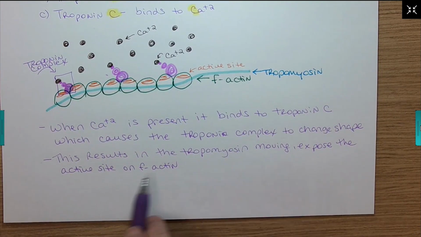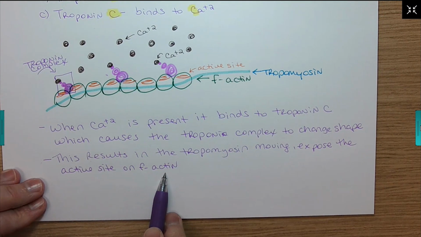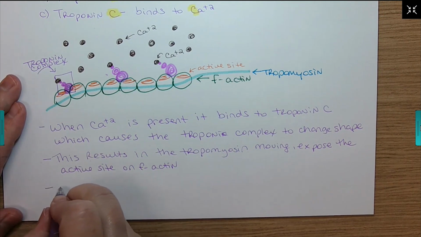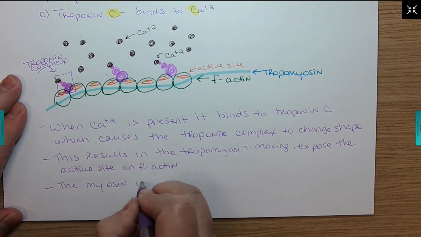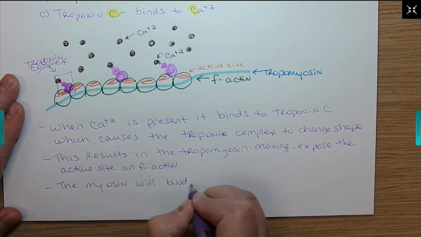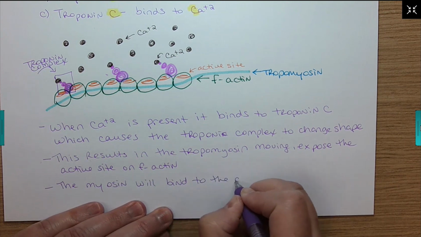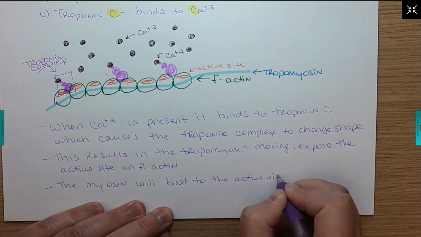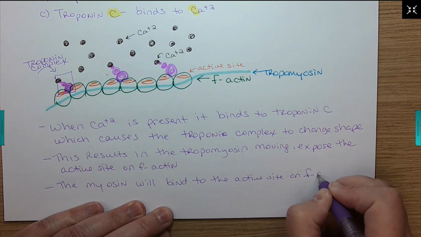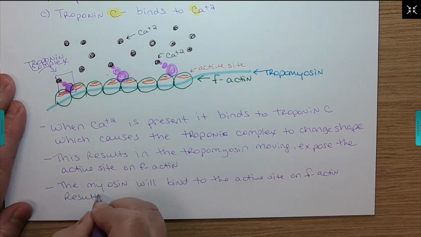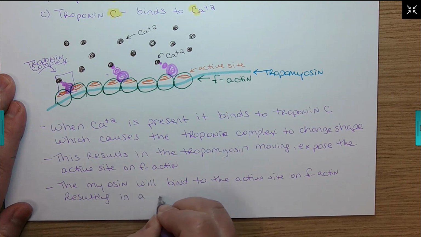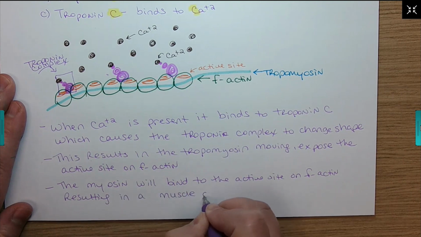So when you've got your active site on the F-actin exposed, the myosin will bind to the active site on F-actin, resulting in a muscle contraction.